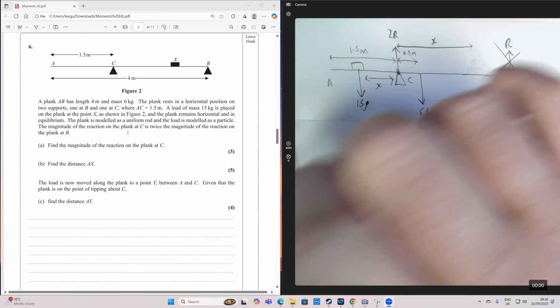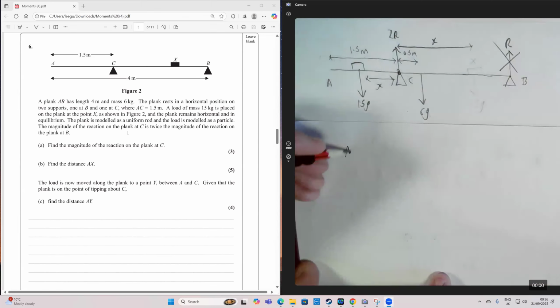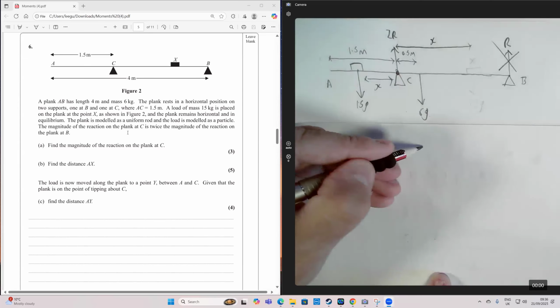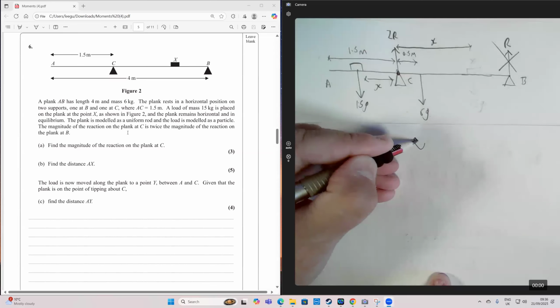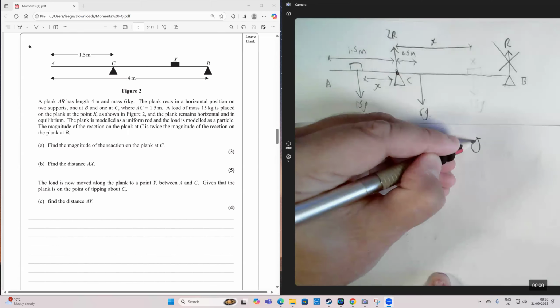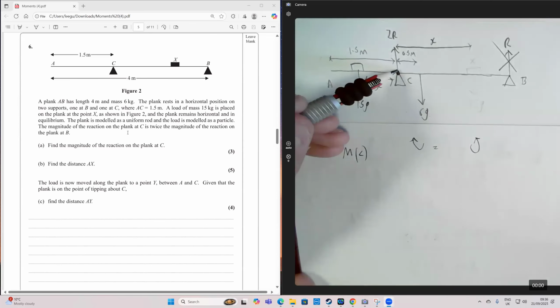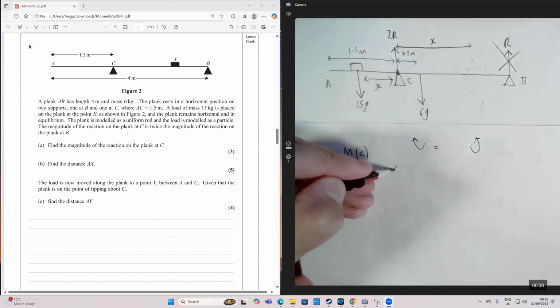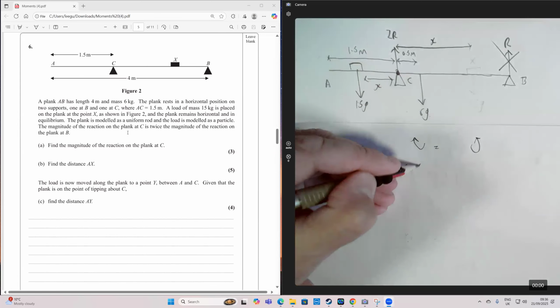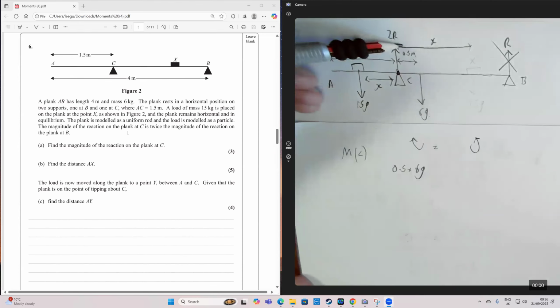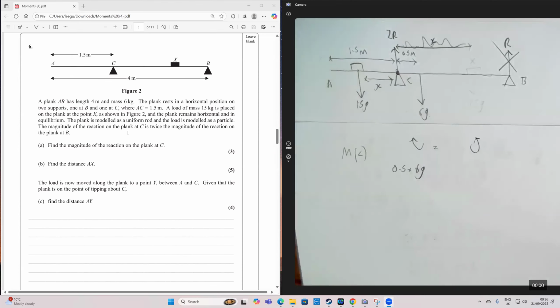So it makes sense for us now to take moments about C. So let's take moments about C and see what happens. We're still in equilibrium, so the sum of our clockwise moments equals the sum of our anti-clockwise turning moments. And let's see what we've got for the sum of our clockwise turning moments. So we have got 0.5 times by 6g. So that's our clockwise moment. We haven't got that x anymore, that's from the previous bit.